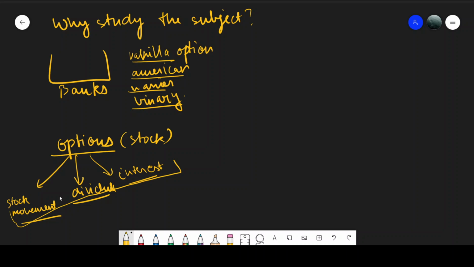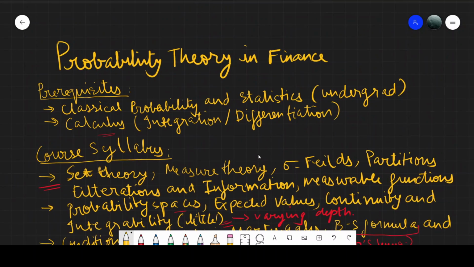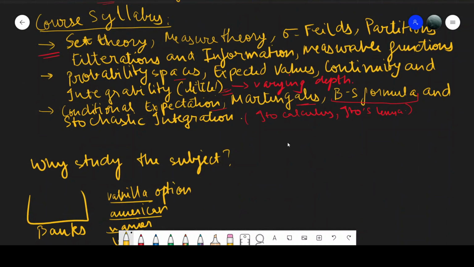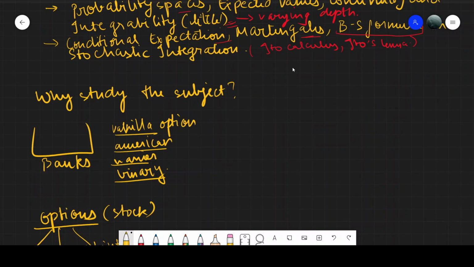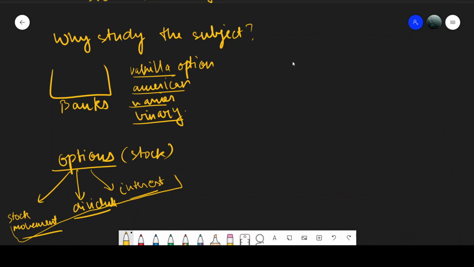And that's exactly why we need all of this theory, probability theory in finance, mathematical finance. That's exactly what we're trying to achieve. We're trying to price different exotic derivative products in a way that they're not favorable to anyone, neither the buyer nor the seller. So that's the reason why we are studying this subject.